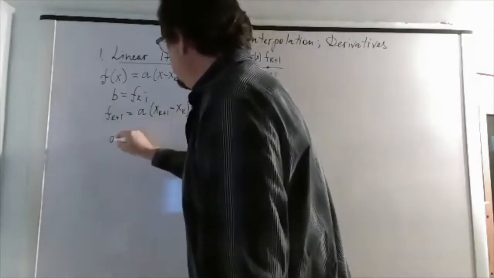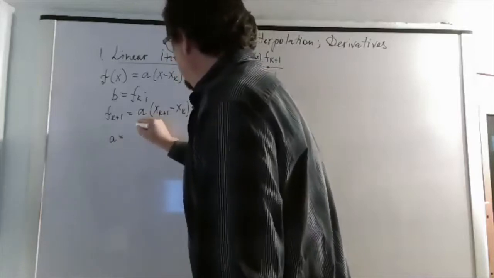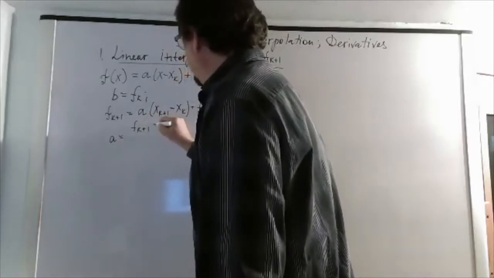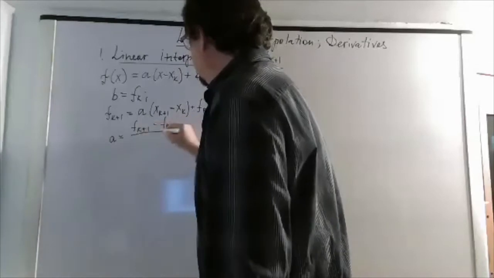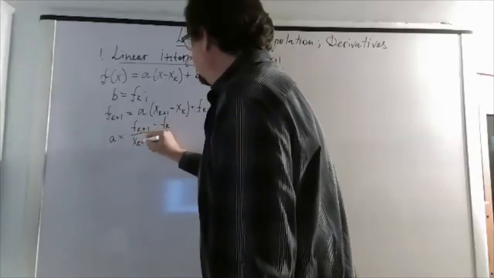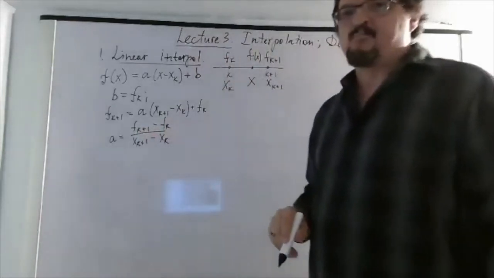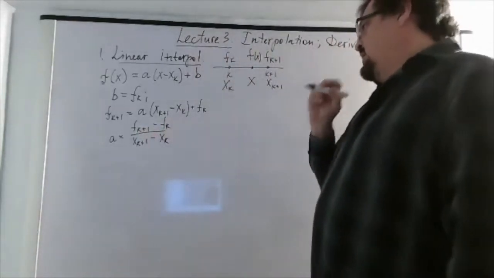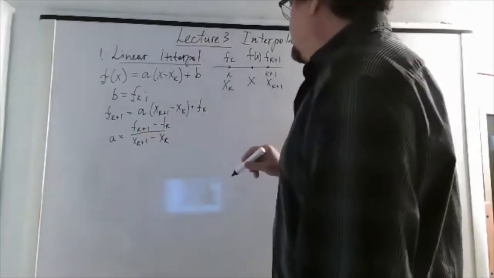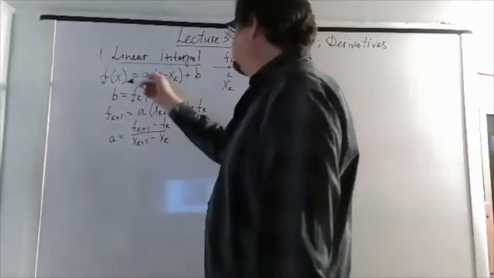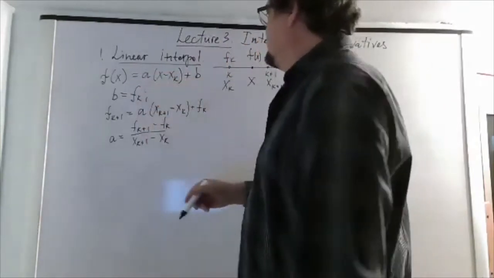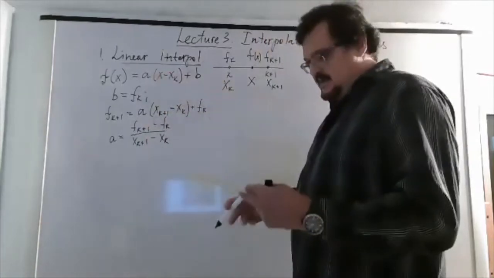So your a becomes simply (fk plus 1 minus fk) divided by (xk plus 1 minus xk). Now you just use those in place of a and b.